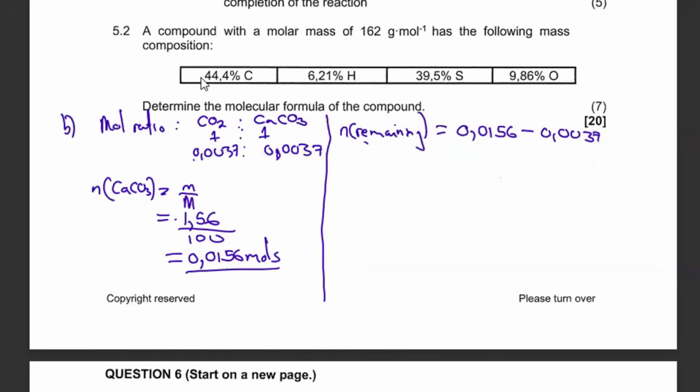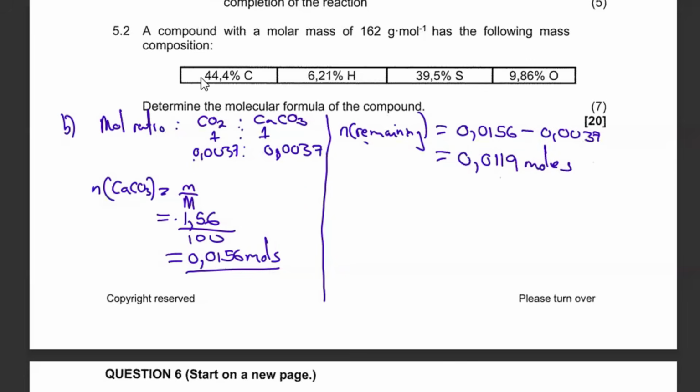That is the difference between these moles and the ones that, according to the mole ratio, reacted. If we subtract, we get a value of 0.0119 moles. These are the remaining moles that we have.